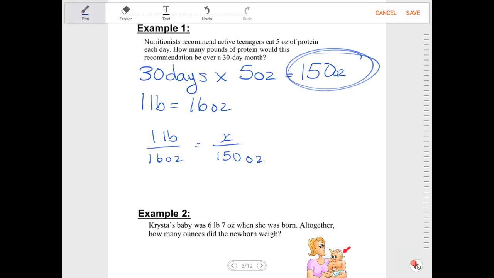So that's where you're going to do your cross multiply and divide. The diagonal with both numbers is 1 and 150. No matter which way you multiply it, that is going to give you 150. And then you're going to divide it by 16, which gives you 9.375 pounds. Pretty simple question, no big deal.